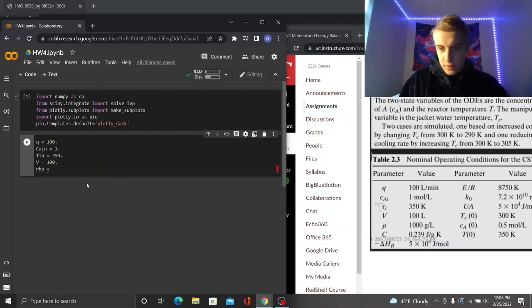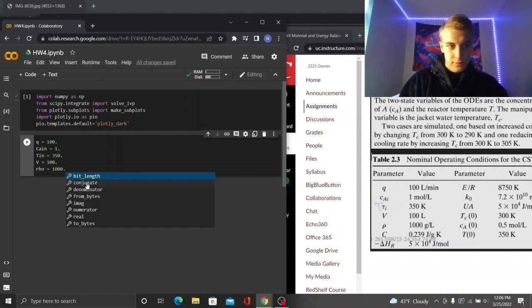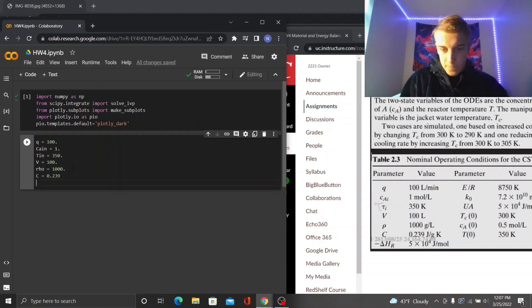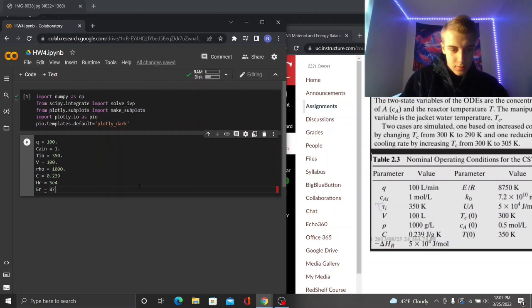Rho will equal 1,000. C equals 0.239. HR 5 e to the 4.